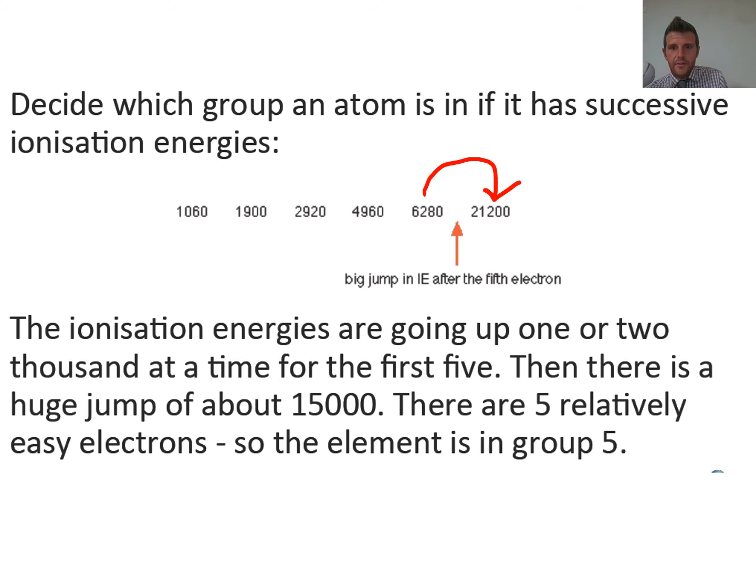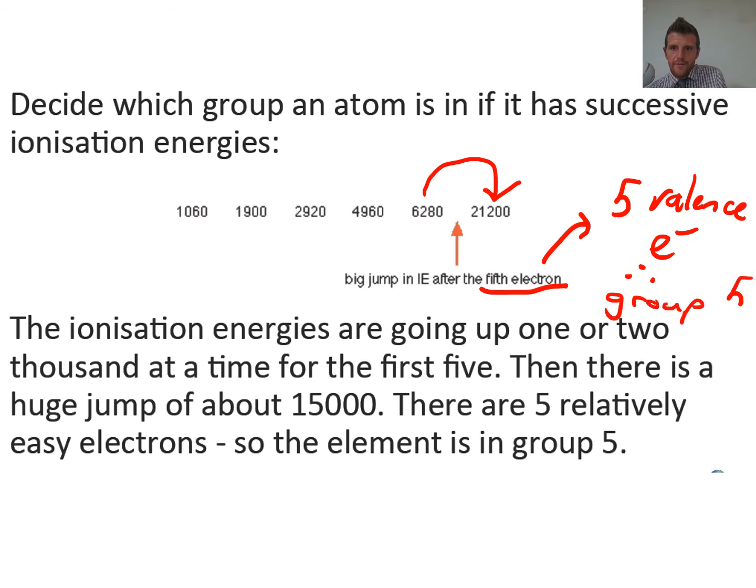So what that means is we removed 5 electrons, therefore this atom must have 5 valence electrons, therefore group 5. Cool? I will explain this to my SL kids in much more detail because I don't like the way I'm doing it right now.